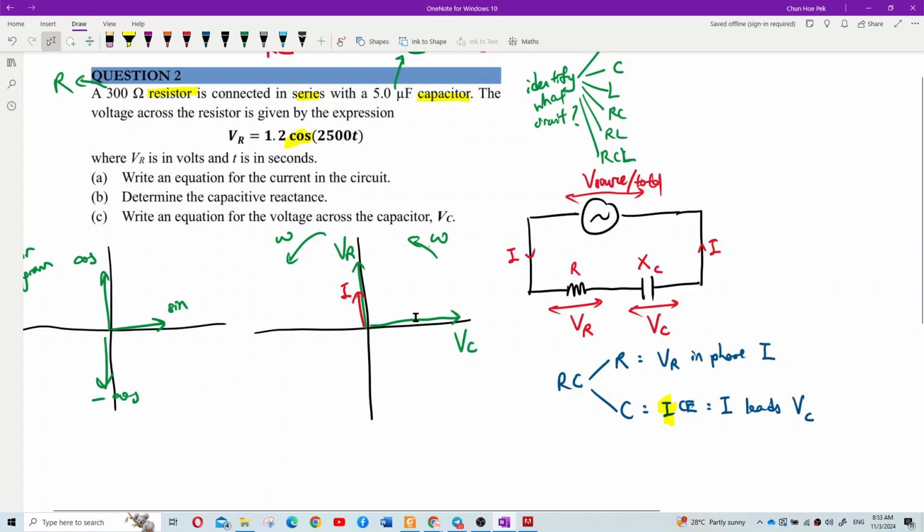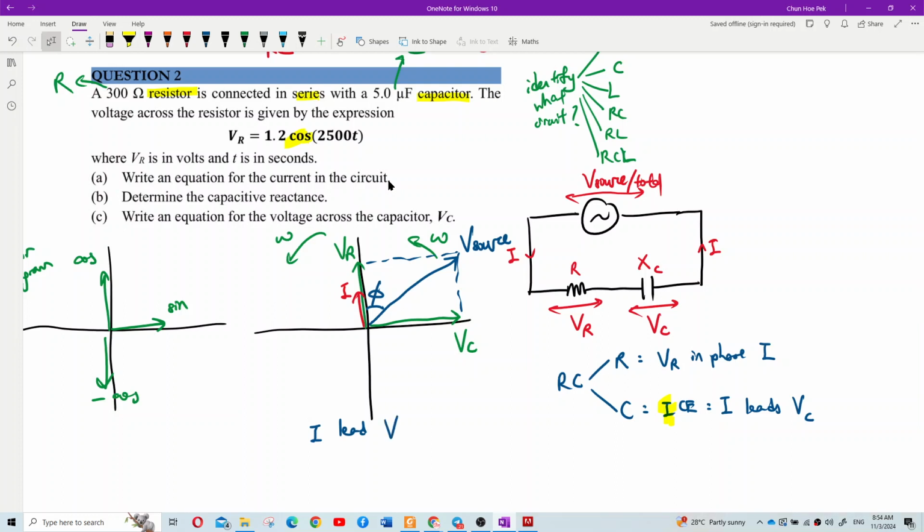Current still lead VC by 90 degree. Tetapi sekarang kita let's say nak cari dia punya voltage total kan. Voltage total bukan 90 degree lah dengan current, sebab dia ada VR di situ. So this is the V source. Understand, class? So inilah phi between current and V source. So current leads V source by phi, which is less than 90 lah.